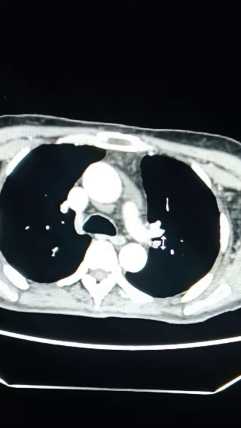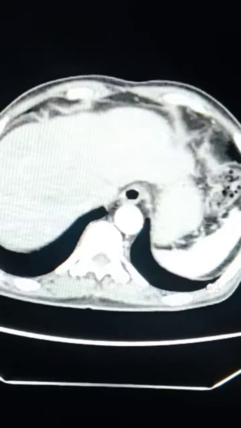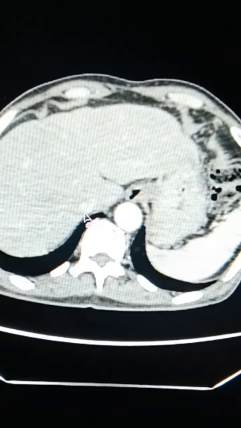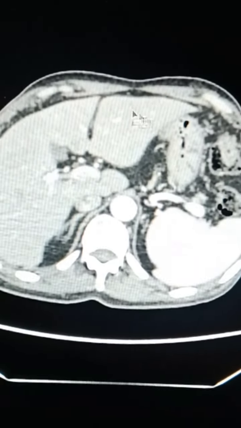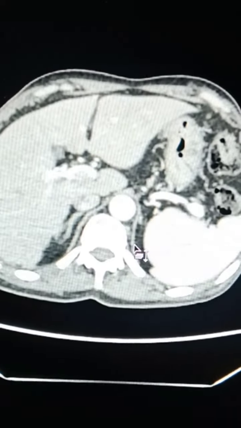Now, when we move further down, we enter into the abdomen. In the abdomen, we see the large liver, which has a left lobe and right lobe, and a caudate lobe here.